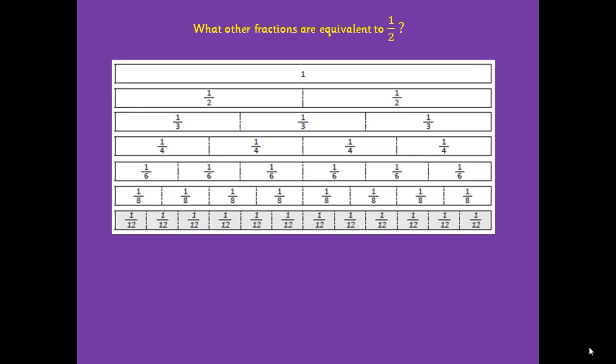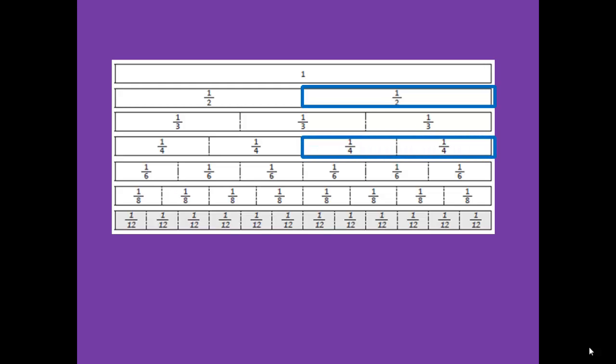Let's have a look to see what fractions are equivalent to 1/2. Have a good look. There are quite a few. Right. The first fraction that we can see that's equivalent to 1/2 is 2/4. Can you see any others? 3/6 are also equivalent to 1/2.